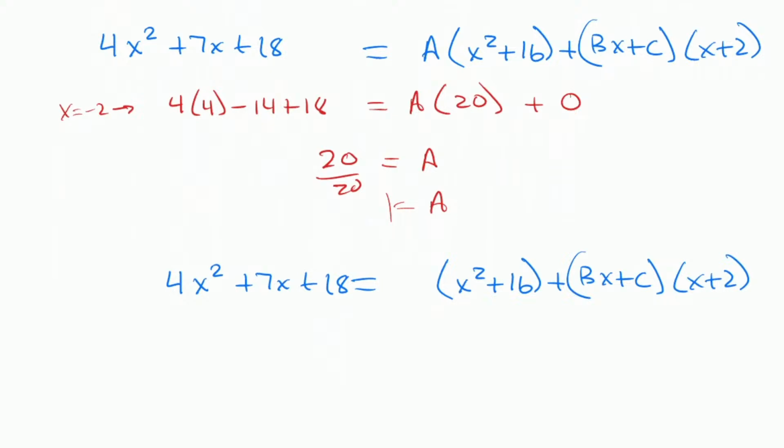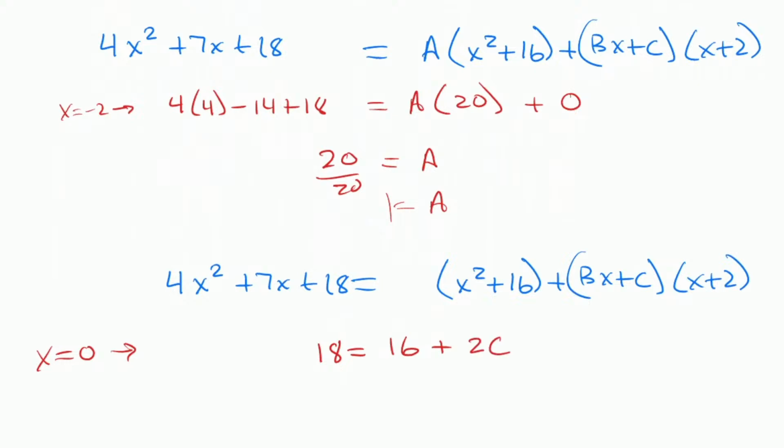But at this point, what are we going to do? Well, what we could do is notice that b is multiplied by x. So if I choose x to be equal to 0, then that's going to get rid of that. So sometimes you have to do a little bit more algebra than this, but this one is going to work out relatively easily because x equals 0 is going to give me this equation. 18 on the left side, 16 plus 2c on the right side.